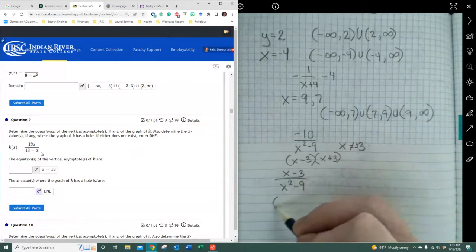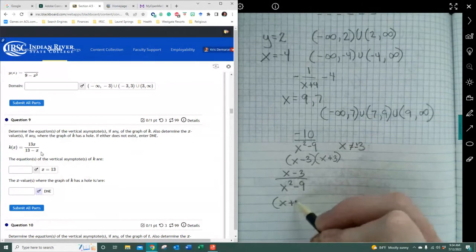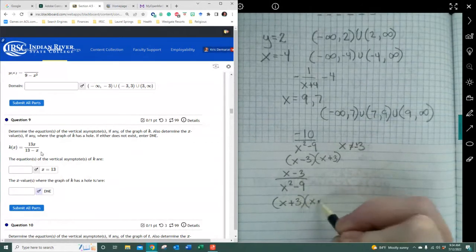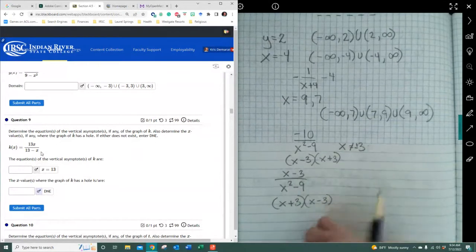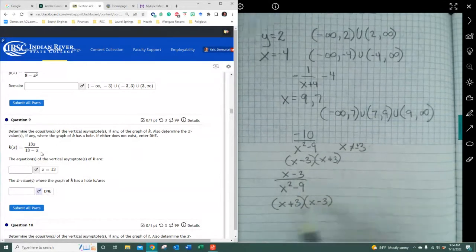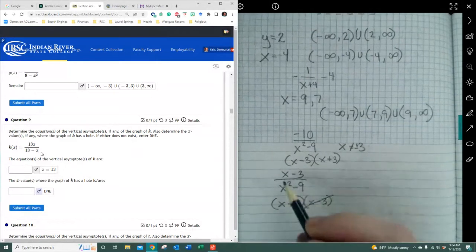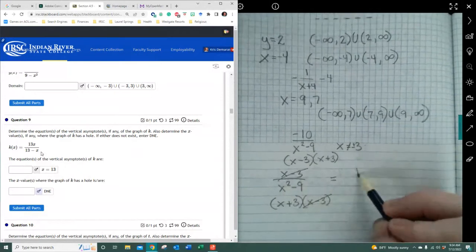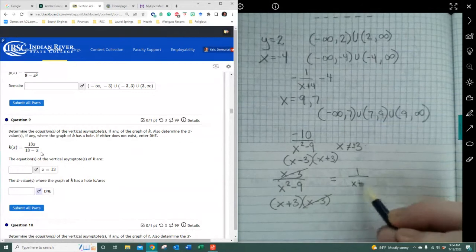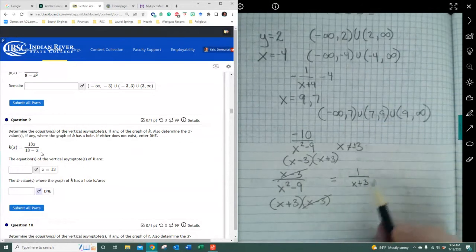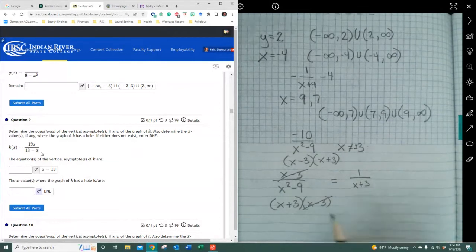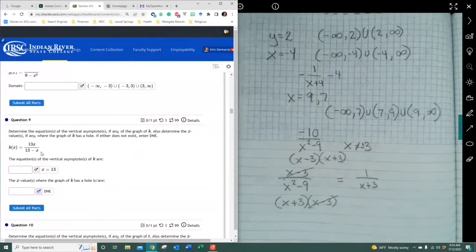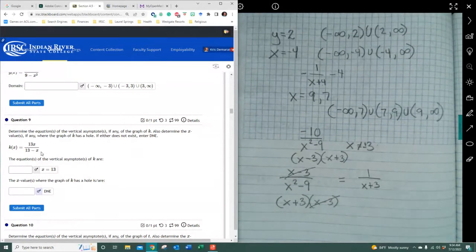We know that this factors out to be this, and we already know that there's an asymptote at these two values. Well, what happens when you knock one of them out? You clean it up and say, now the vertical asymptote is only at -3, not +3. So what happens is a hole forms at that point where something got knocked off.